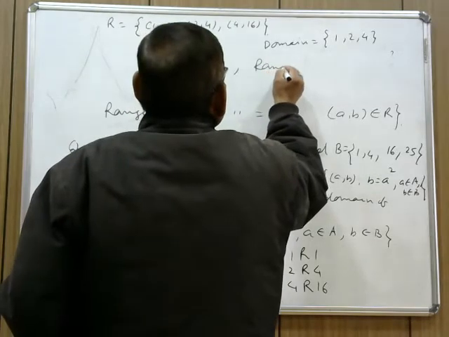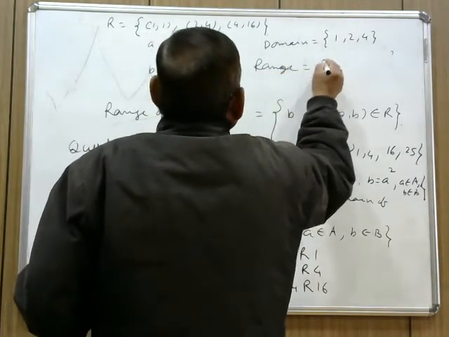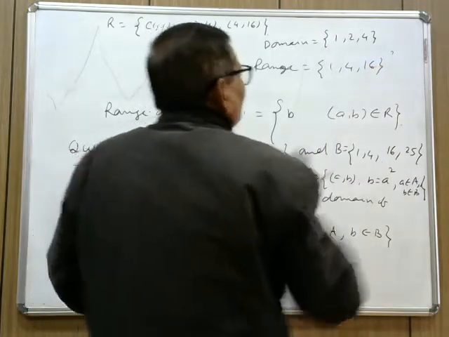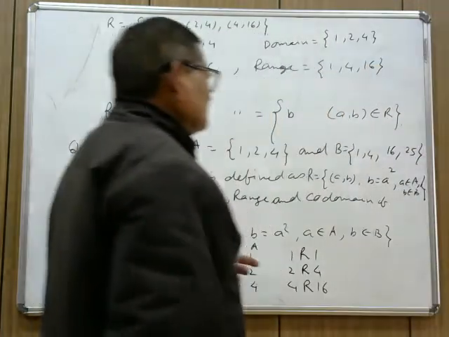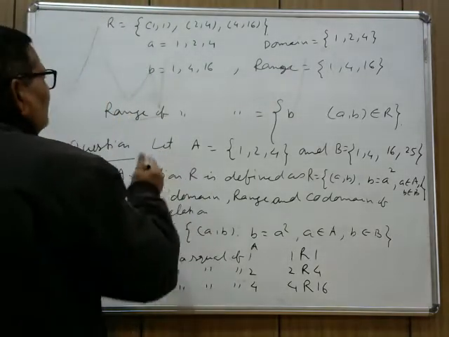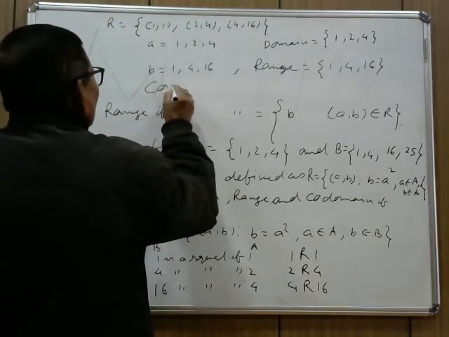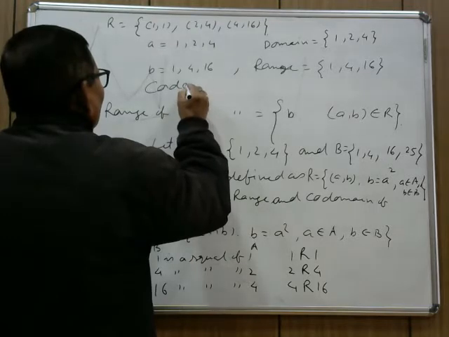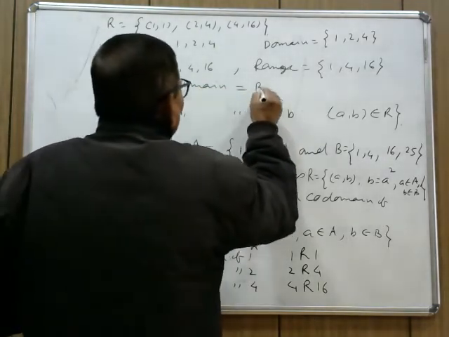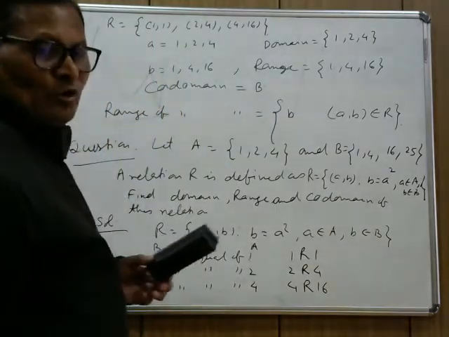Then the range of this relation can be written as {1, 4, 16}. Now the codomain. The codomain is the set B. Codomain is the set B.